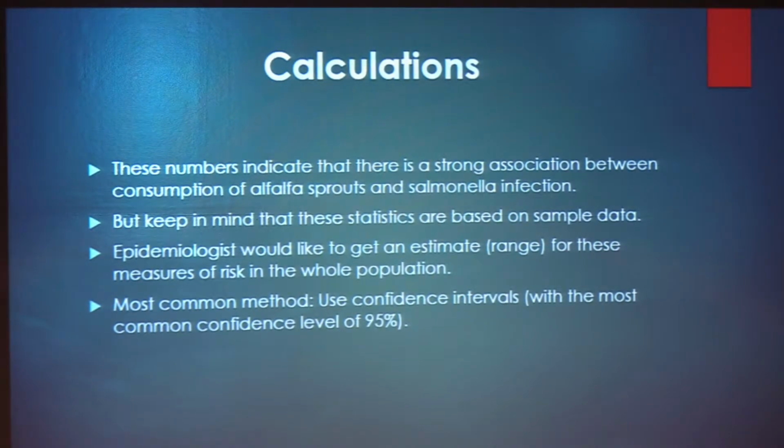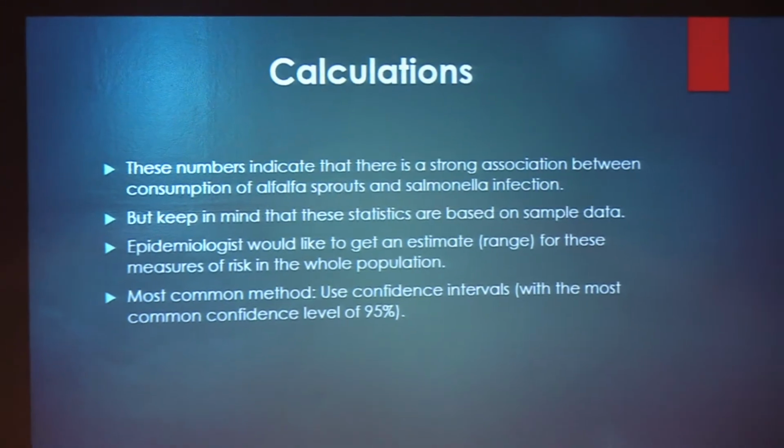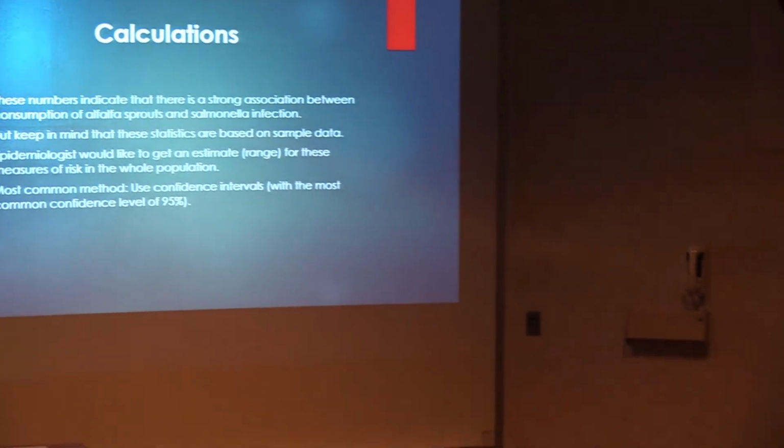That's the most commonly used confidence level. So we would like to get an estimate, a range for these measures of risk in the whole population. And what are we going to be looking for? We are going to be looking for that number 1. I do not want to see that number 1 inside the confidence interval. I'm going to show an example of that.